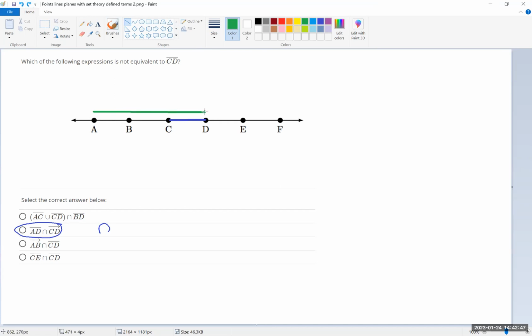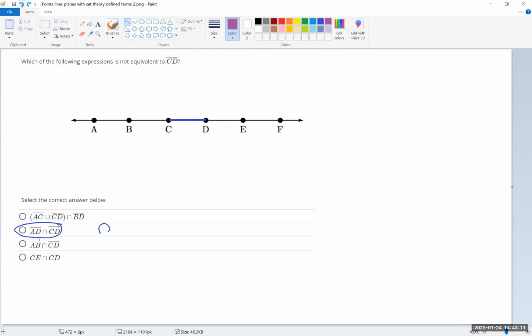So AD, just to help us identify the space that we're looking at. And then CD is a line.